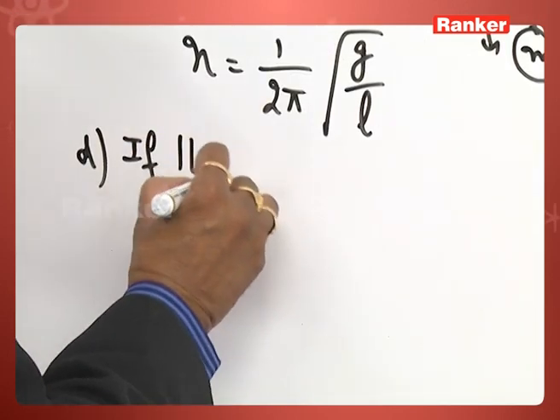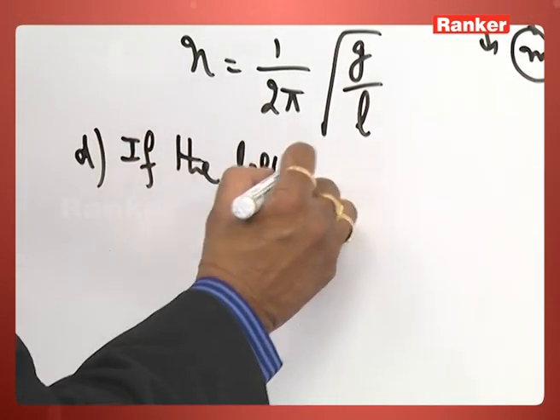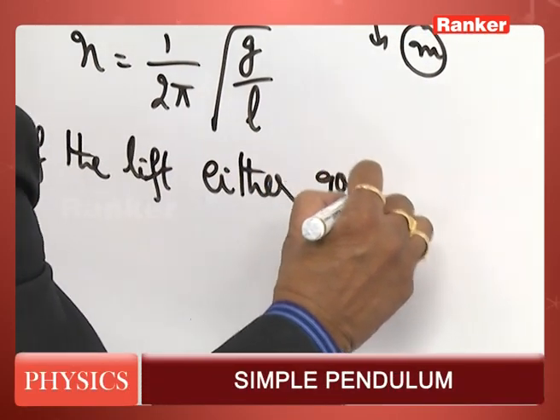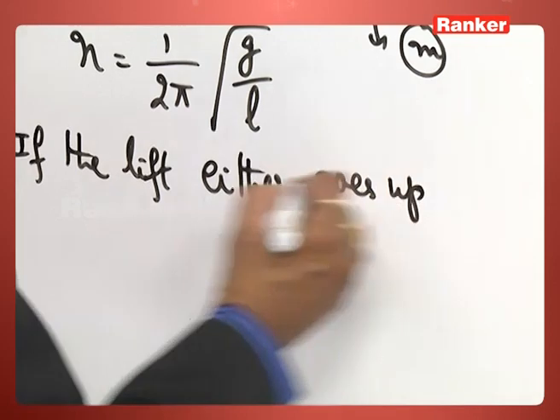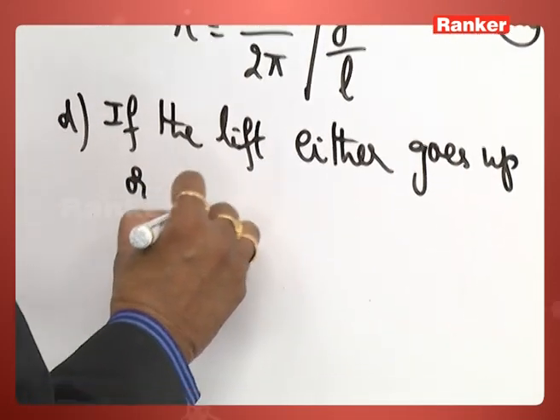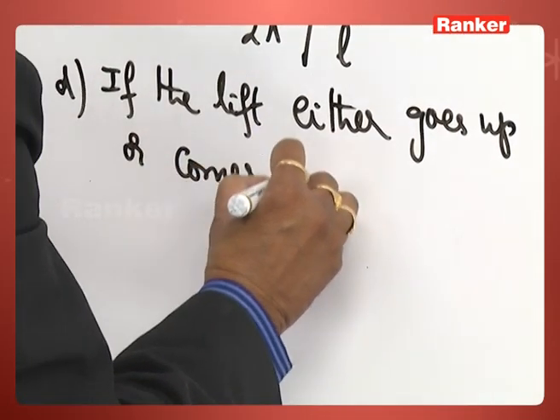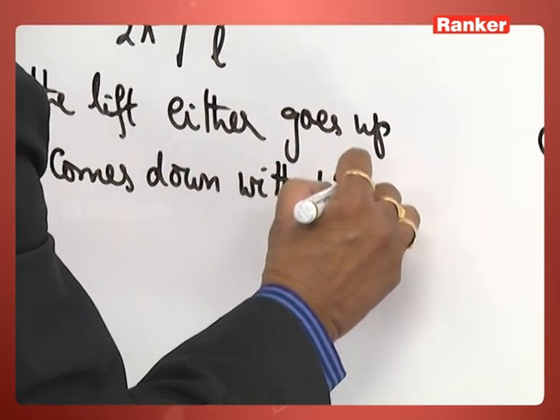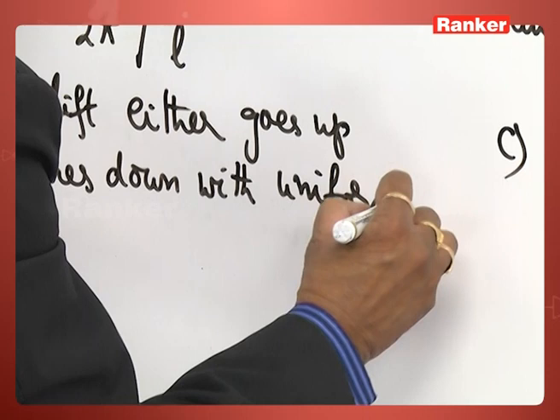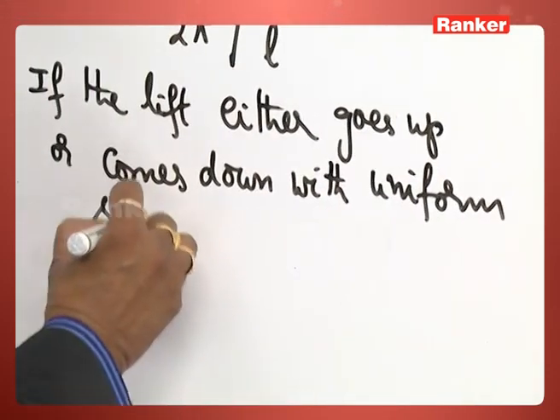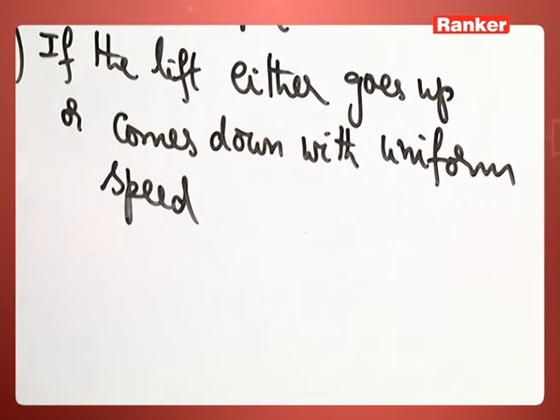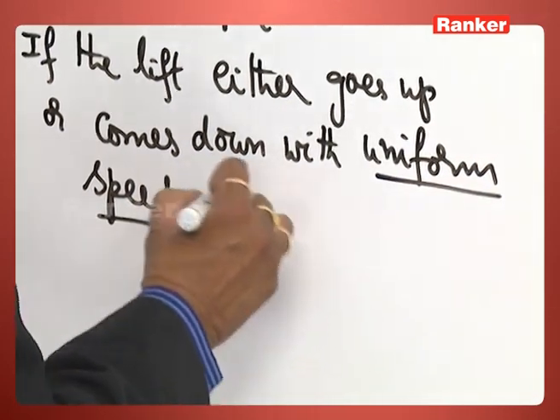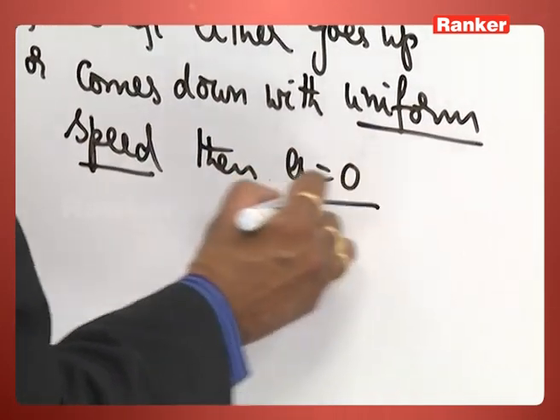If the lift either goes up or comes down with uniform speed, that is the concept. With uniform speed means one can directly understand that its acceleration will be 0.